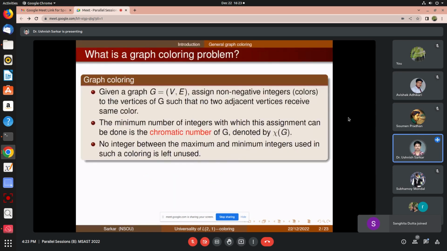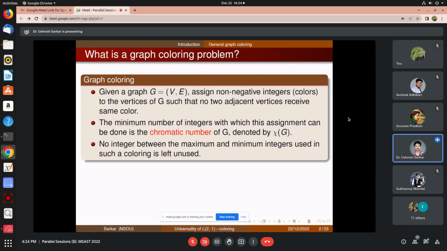Now, before we go into the main issue, let's see what a graph coloring problem is. It is basically assigning some non-negative integers, which we will call colors, to the vertices of a graph G, such that no two adjacent vertices receive the same color.